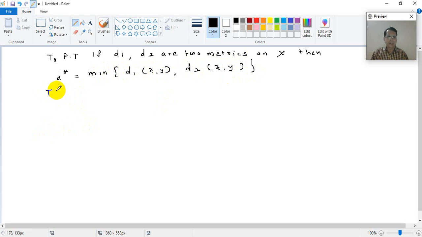To prove that d star need not be a metric.